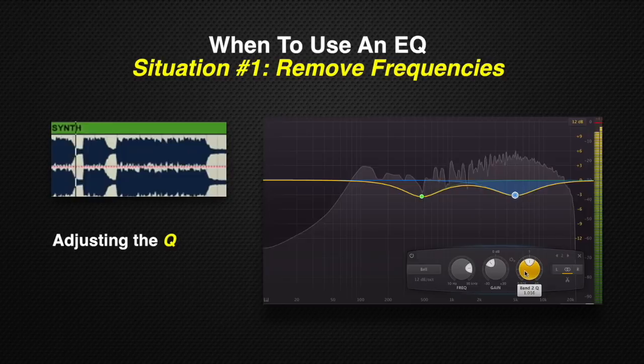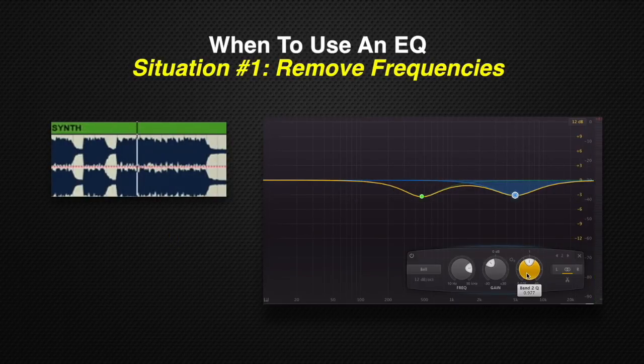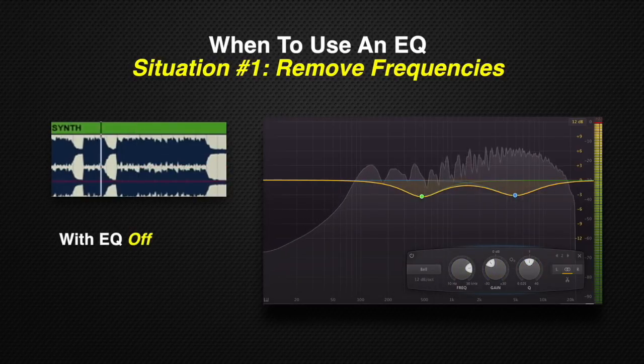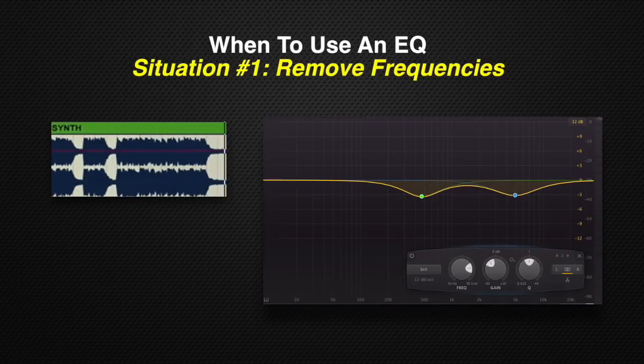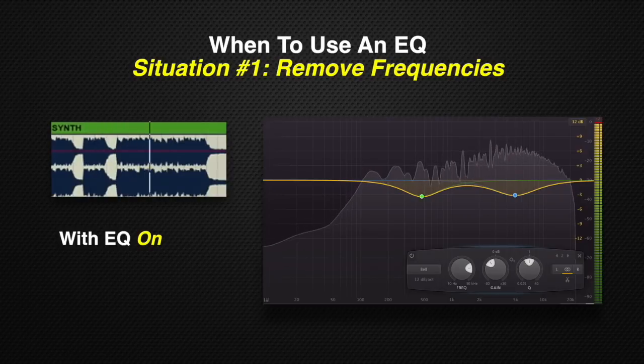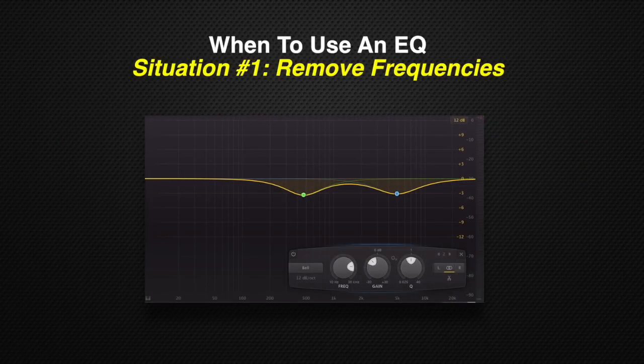Adjusting the Q. A 0.9 Q here grabs all the brittle frequencies that we want to remove. Now without the filters, now with the filters, to my ears, this synth is a lot more balanced.